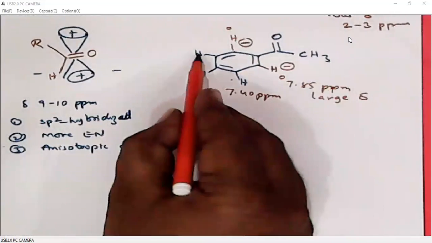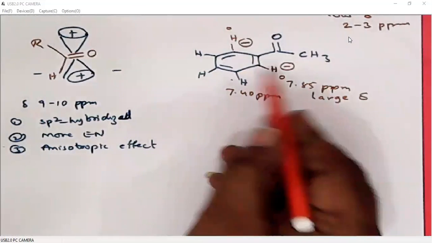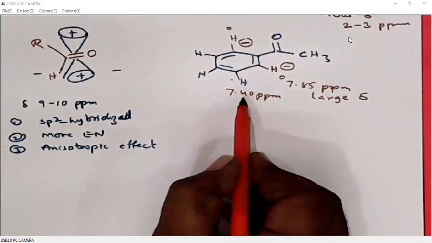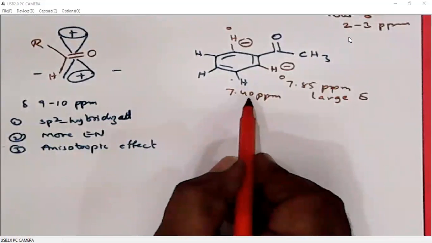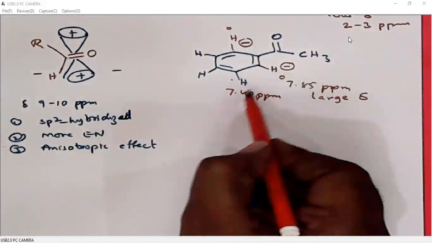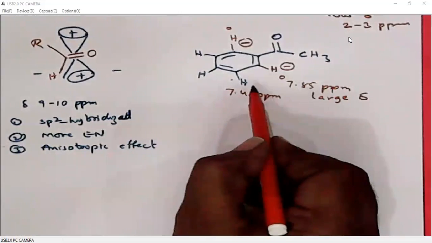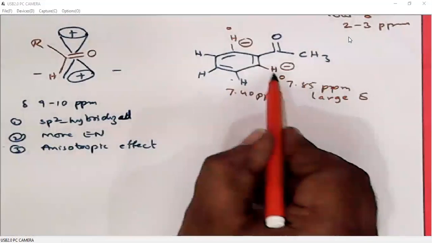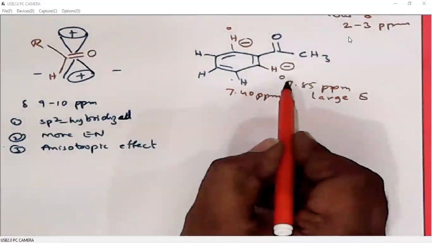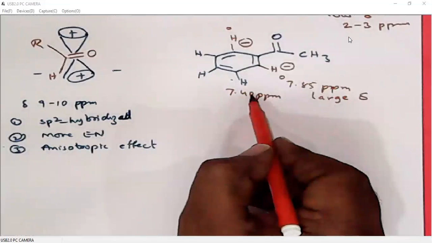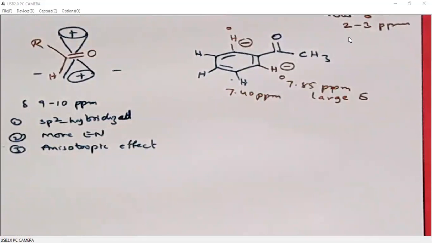Whereas these protons are not related to shielding or de-shielding, so they generally appear at around 7 to 8. So ortho and meta should appear with the same delta value, but because the ortho protons are present in a de-shielded region, they appear at a larger delta value compared to the meta protons.